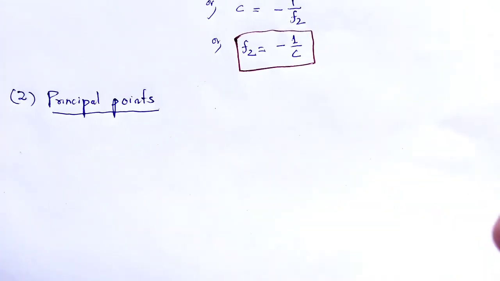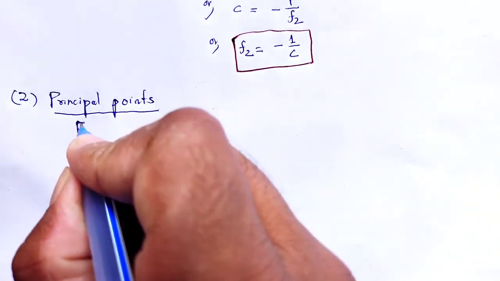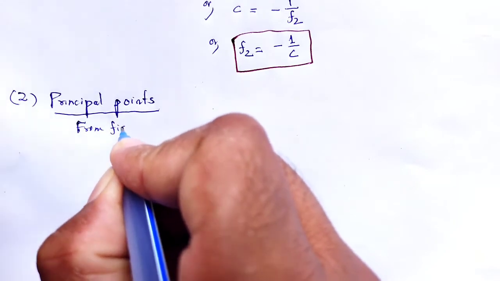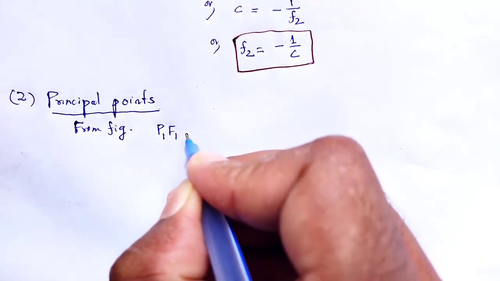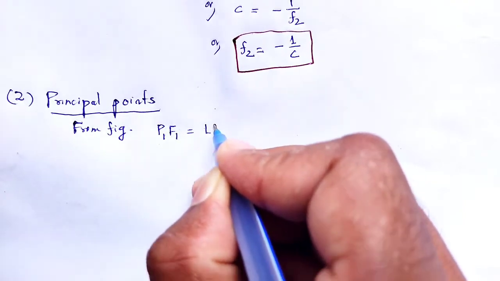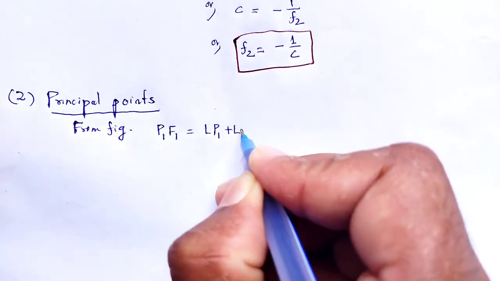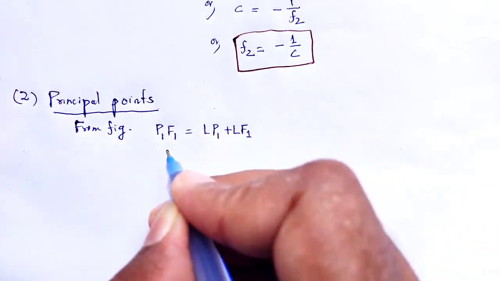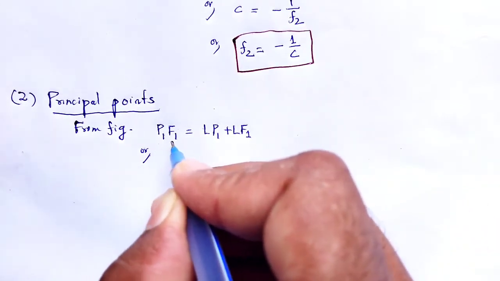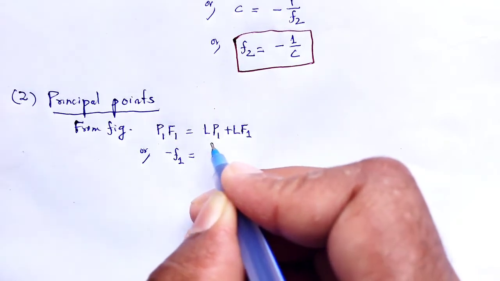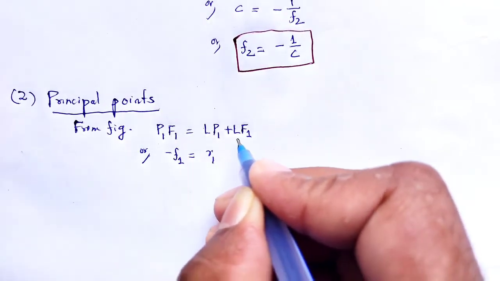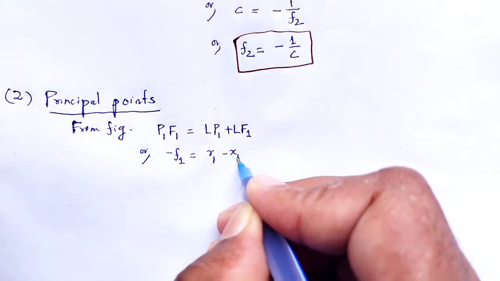Now for principal points, from the figure, P1F1 is equal to P1L plus LF1. Now using the sign convention, P1F1 is minus F1, LP1 is R1, and LF1 is minus X1.